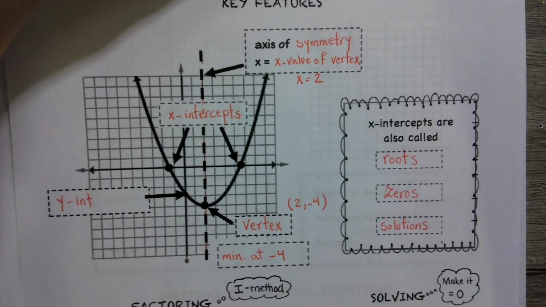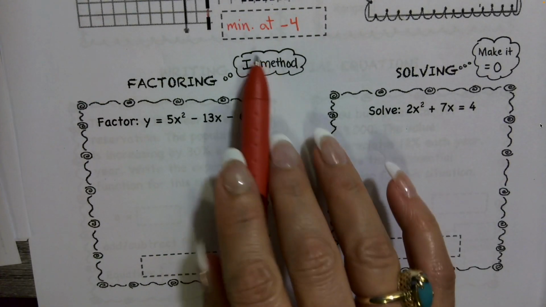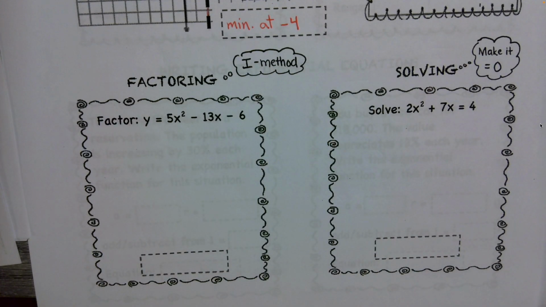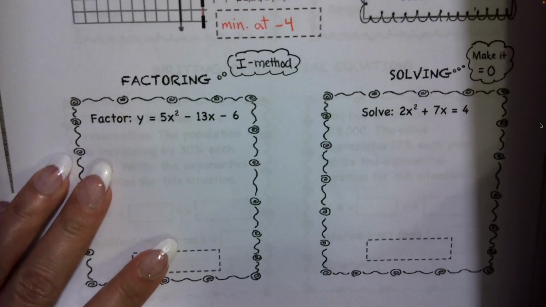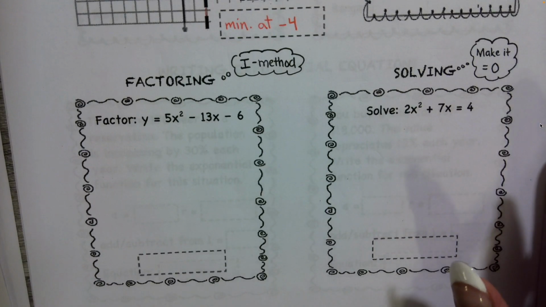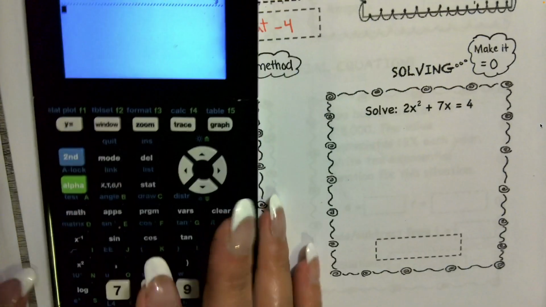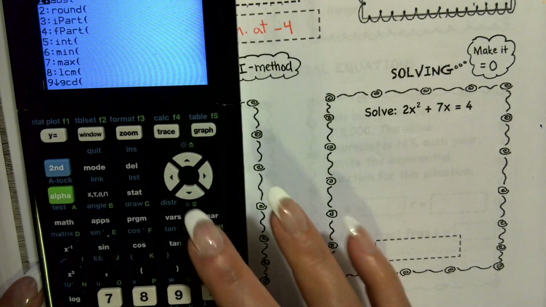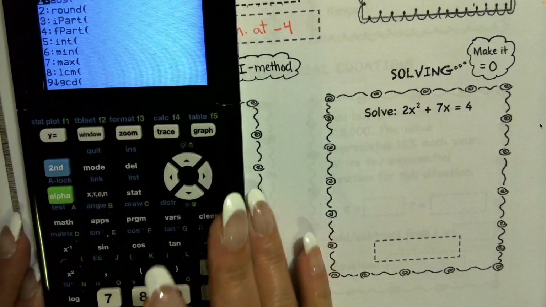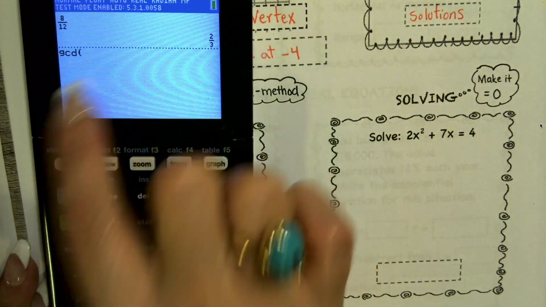Let's talk about some factoring using the I method, remember? So, over here, first thing we need to do, find the GCD. How do we find the GCD? We go over here, we do math, we do number, we go all the way down to number 9, and we have GCD.